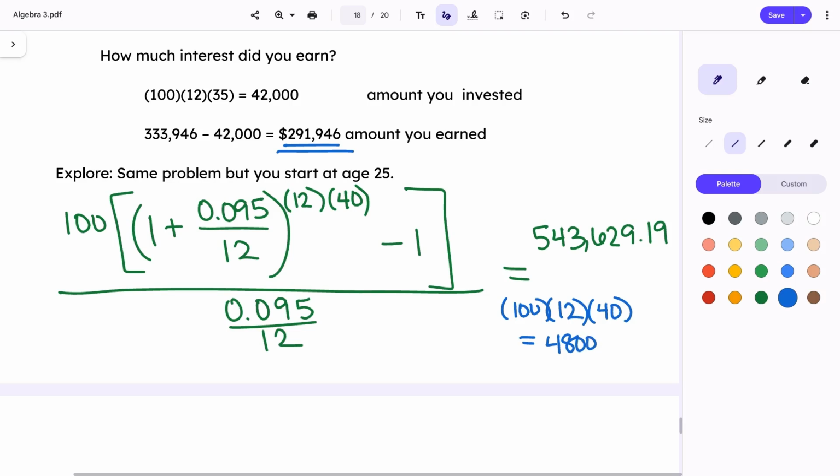Over 40 years, that's $48,000 total that we put in. If you subtract that from how much you got in your account, how much did you actually earn? 495,629. This is about half a mil.